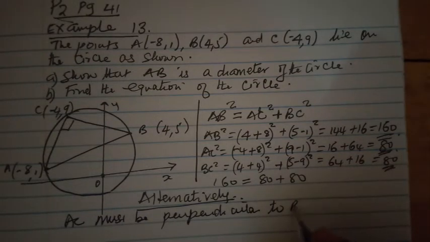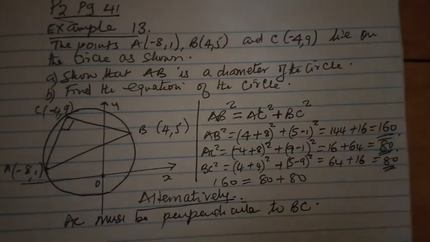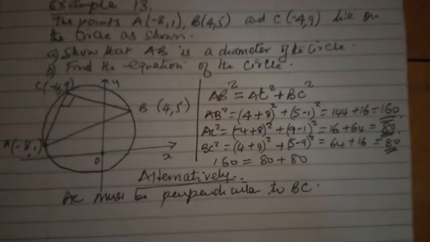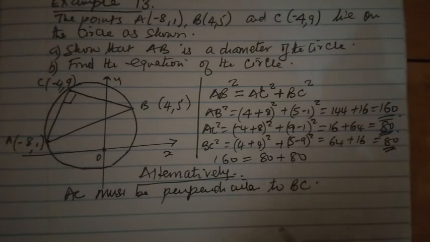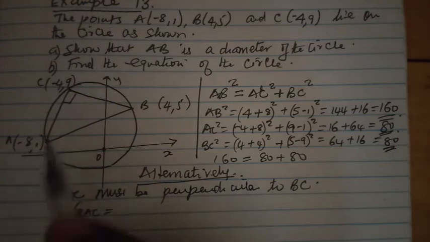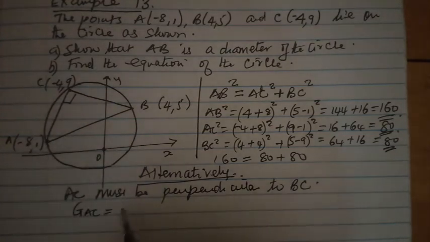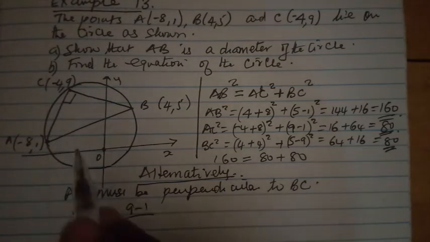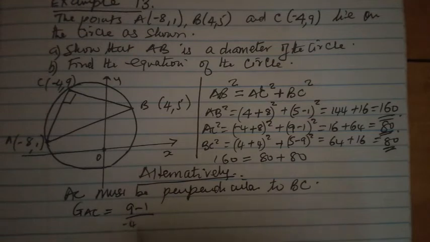Because we know how perpendicular lines behave as far as gradient is concerned, we need to calculate the gradient of AC, which is change in y over change in x, 9 minus 1 over minus 4 minus (-8), which is 8 over 4, which is 2.